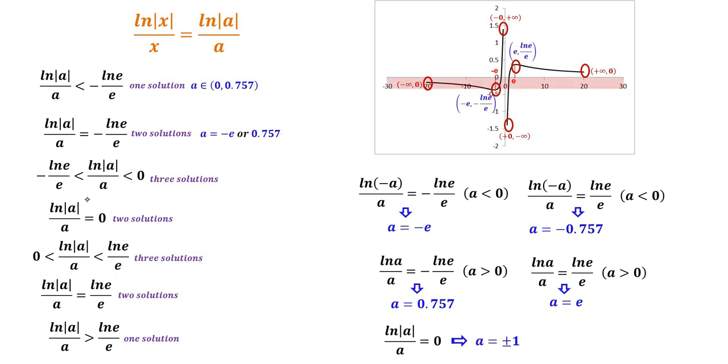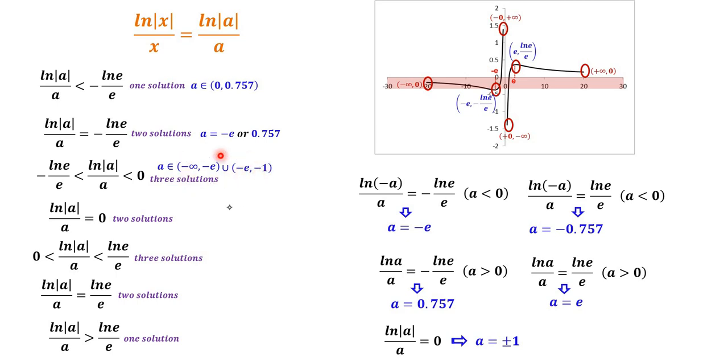And when ln absolute A over A is in this area, it's greater than negative ln E over E and is less than 0, in this area there are three solutions, and the corresponding range of A, we say from negative infinity to negative E, and from negative E to negative 1.